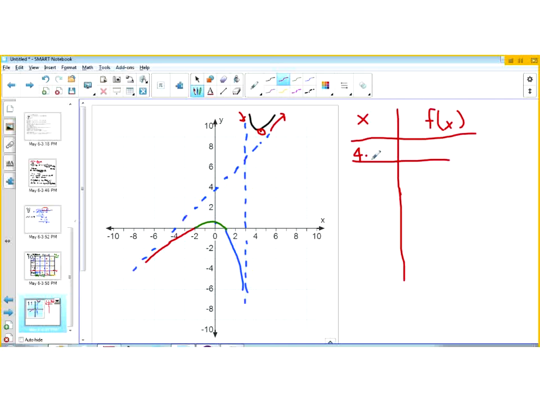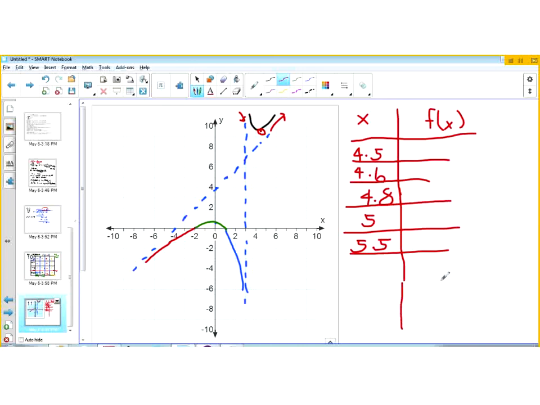It looks like it may happen at, say, 4.8. So let's calculate output values at 4.5, 4.6, and I'm just randomly going to select some values, say 4.8, how about 5, 5.5, 5.7, say 6, maybe 6.5, and 7.